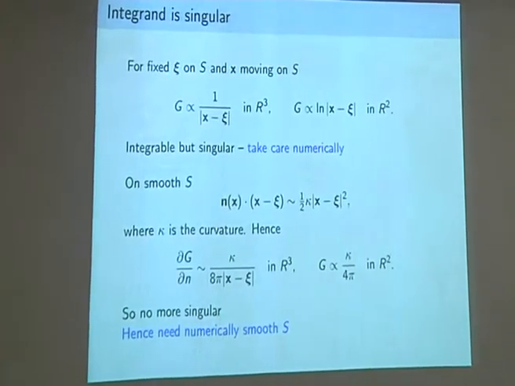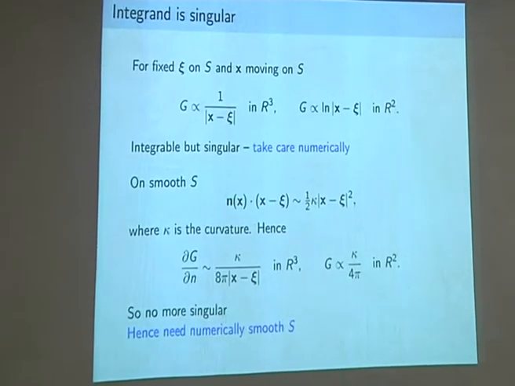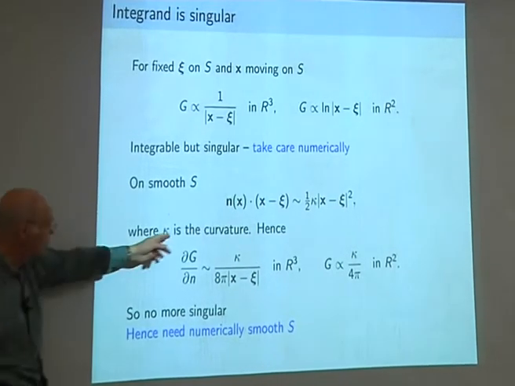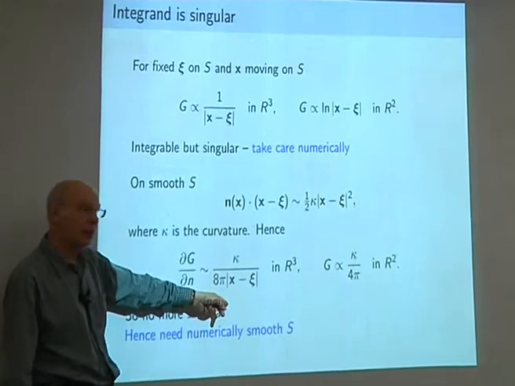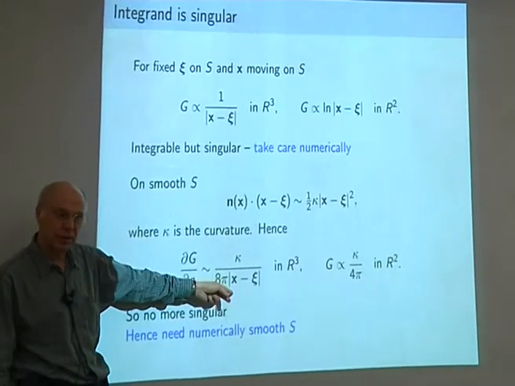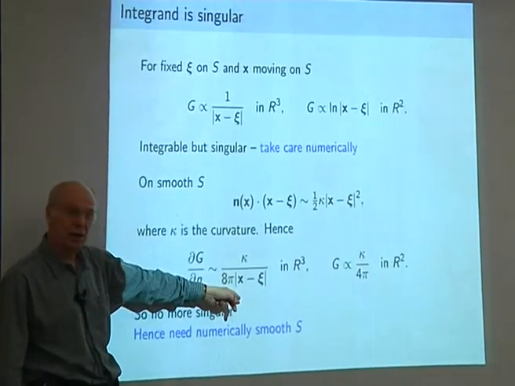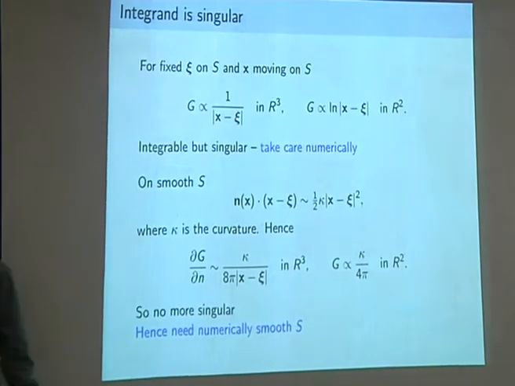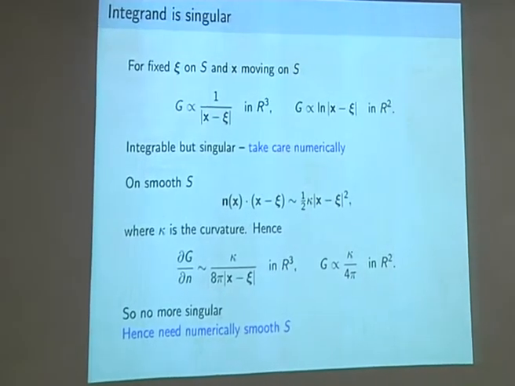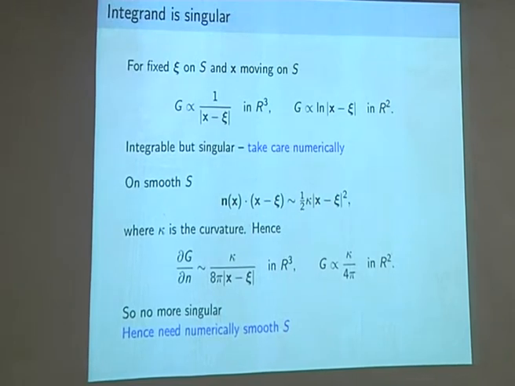Now when I divide by the modulus of x minus psi cubed, I find that the normal gradient goes like the curvature times 1 upon r. It looked like it was 1 upon r squared, but it is in fact 1 upon r. But there's a very big warning: your surface better be smooth. If you think your surface is piecewise linear, you're stuck.